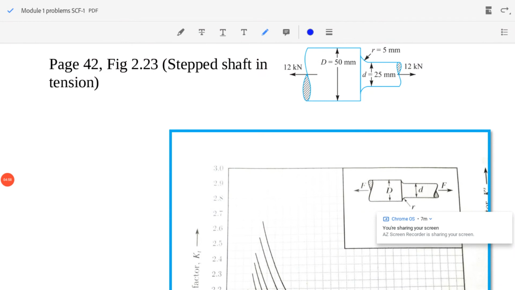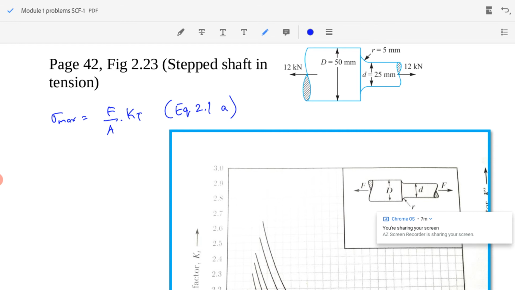So I will write that equation: sigma max equal to F by A into KT. That is equation 2.1, suitable for axial loading or direct stress.